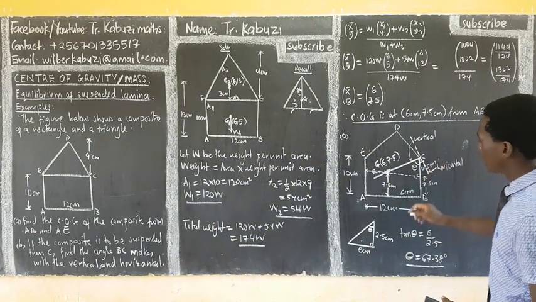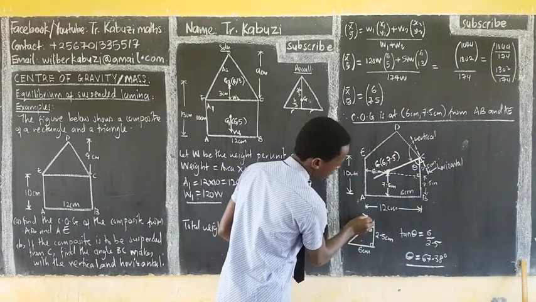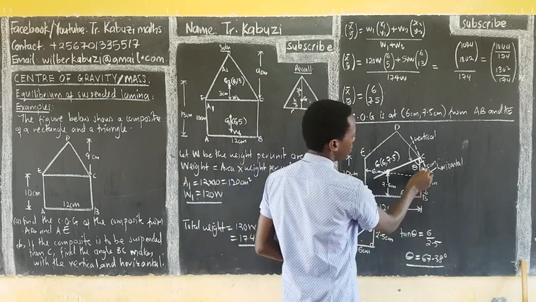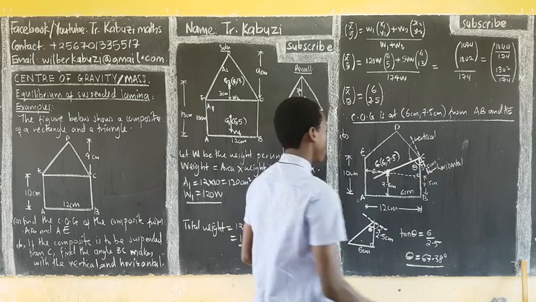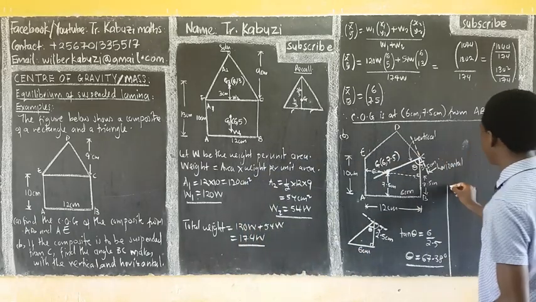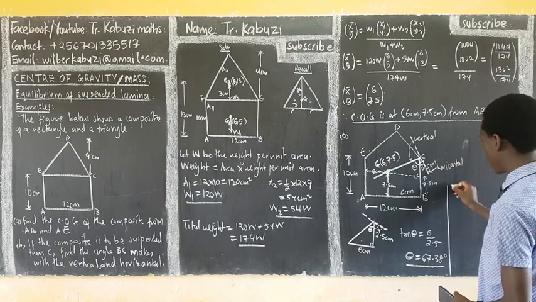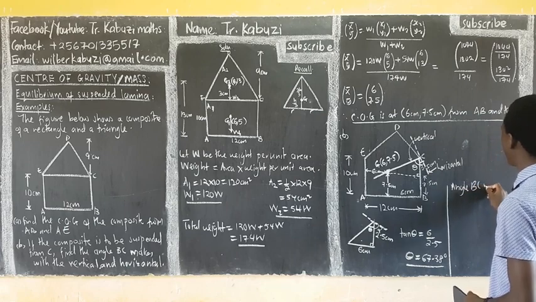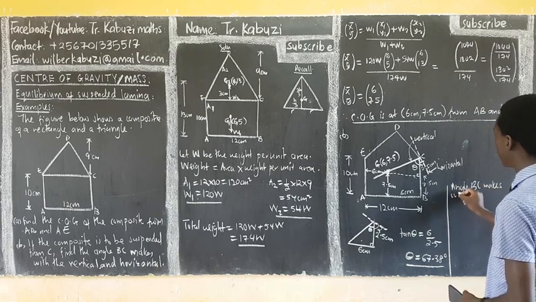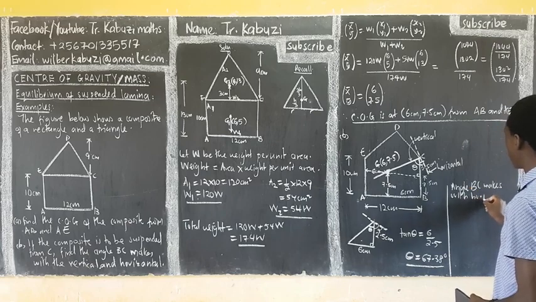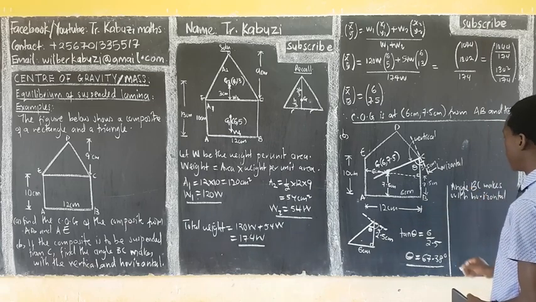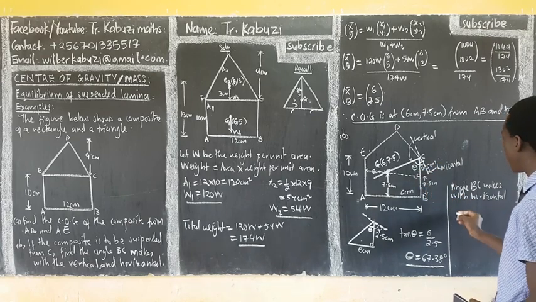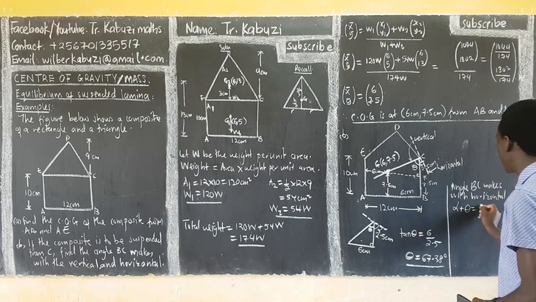Then for the horizontal, the angle BC makes with the horizontal, let me call it alpha. You can see that this is perpendicular, so when I add theta and alpha, I get 90 degrees.